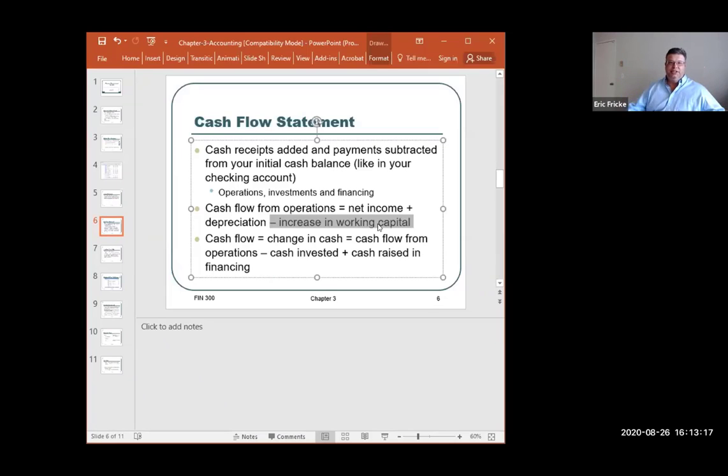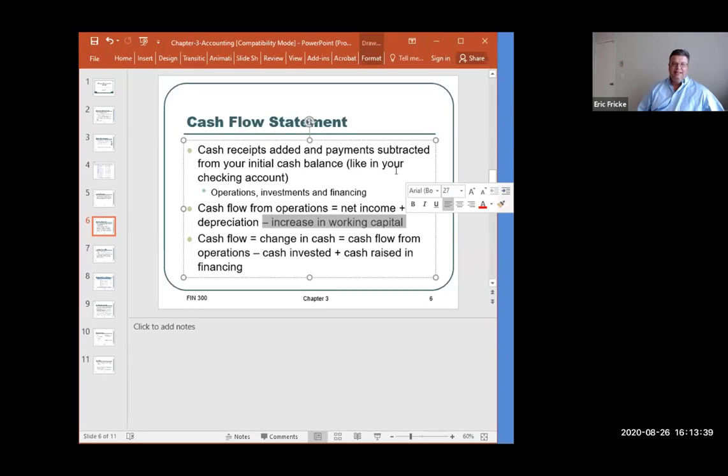Now look at the equation: minus increase in working capital. So the reason it subtracts an increase in inventory is because if you increase inventory, it reduces your cash. So that's why the formula is the way it is. Okay? So that's just some of the basics behind cash flow from operations.